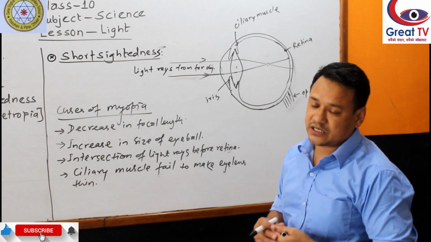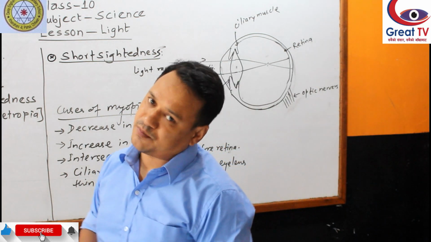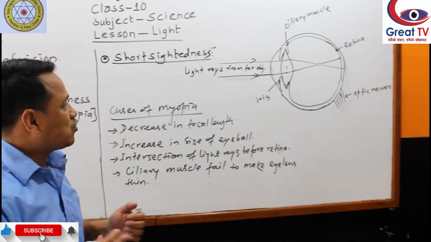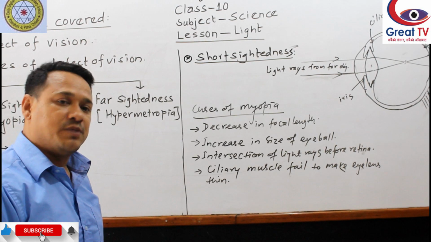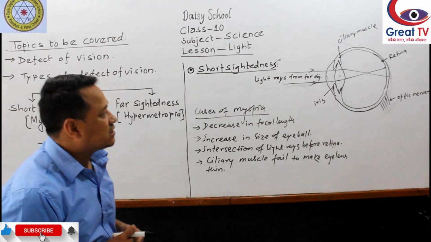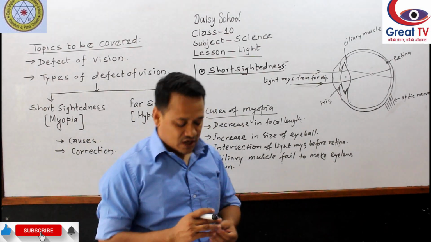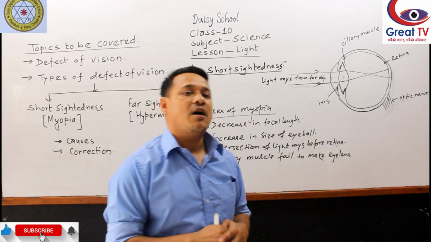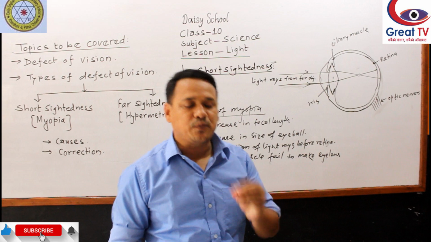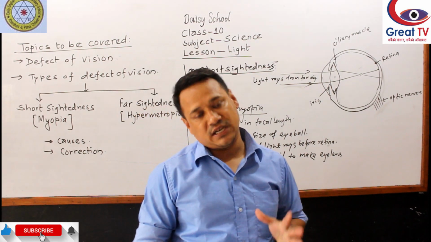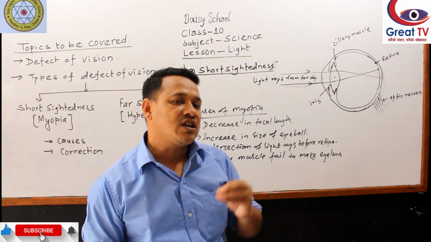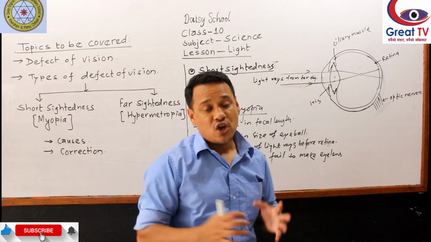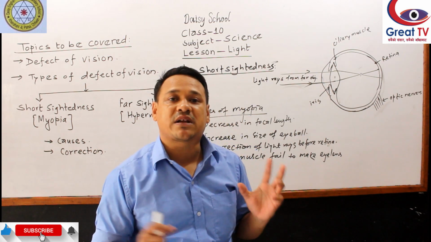Then how to correct or treat this type of defect of vision? To correct short-sightedness, to correct myopia, we have to use a concave lens of suitable power, suitable focal length, in spectacles.